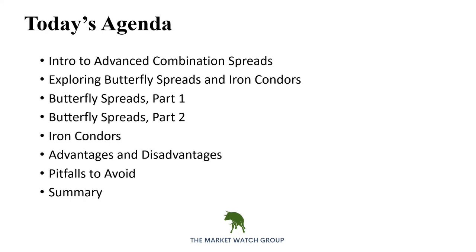I'm going to focus more on butterflies. And I might even, and this is definitely something I might not have time to do today, in the theoretical building of a butterfly in the pricing model, do a broken wing butterfly.